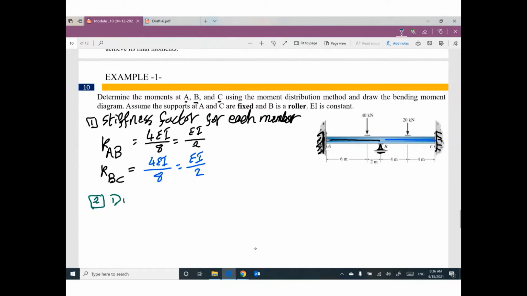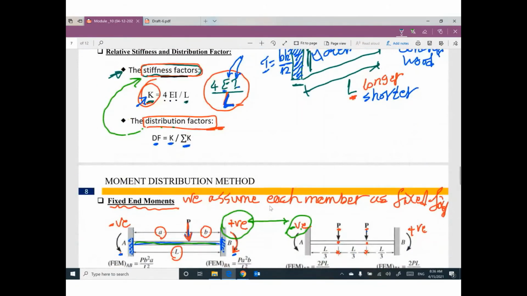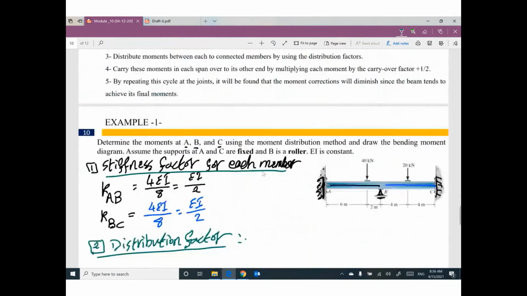Distribution factor. If you would like to do distribution factor for any member, it equals K for this member divided by summation K. But I have a question here.